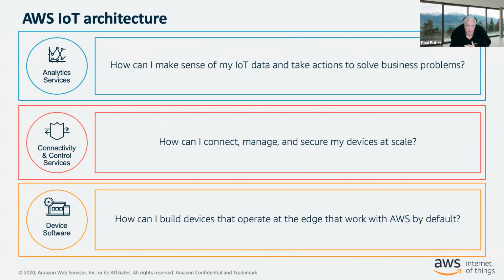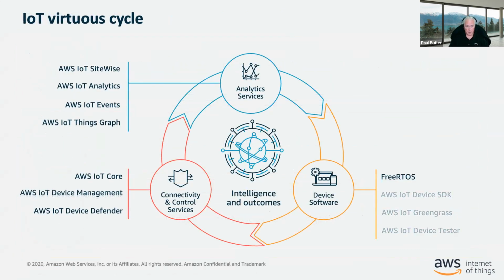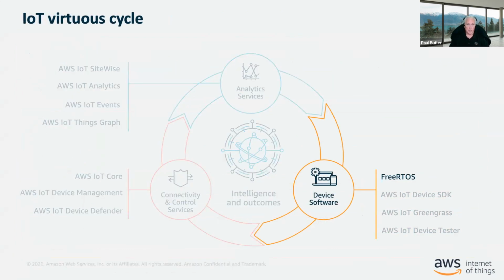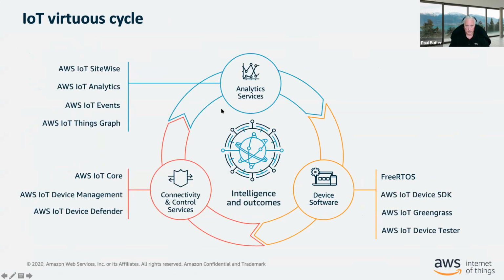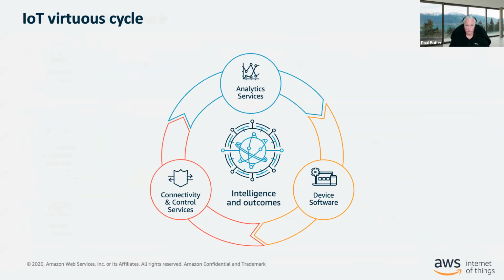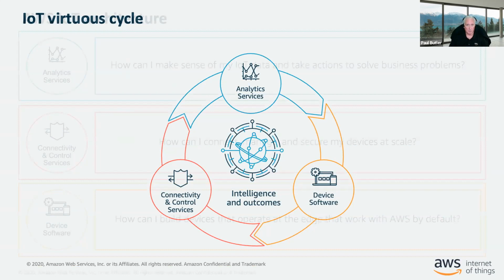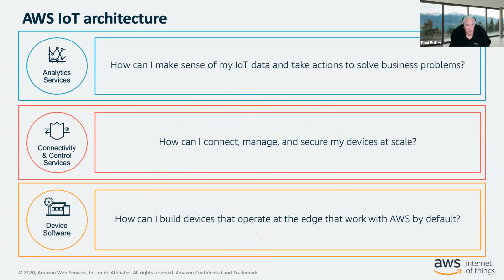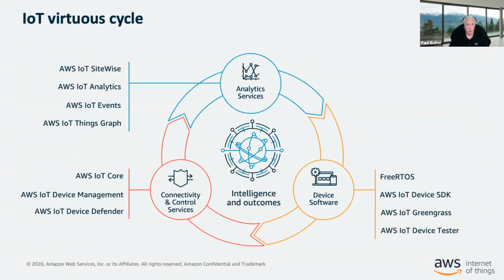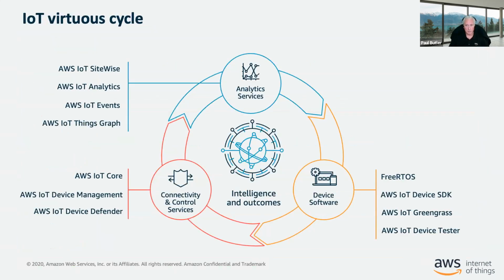If you look at the bottom layer, this is the device software, and that's more or less what we'll be talking about today. The next level up is the connectivity and control, and then we have the analytics, as you can see from this diagram.